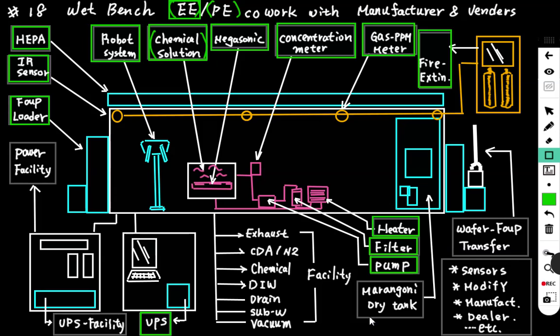They just buy a Marangoni dryer tank to install at their wet bench. So you need a Marangoni dryer tank vendor. Of course, the wafer FOUP vendor, including the wafer transfer system vendor.